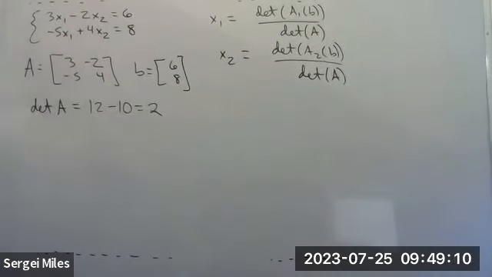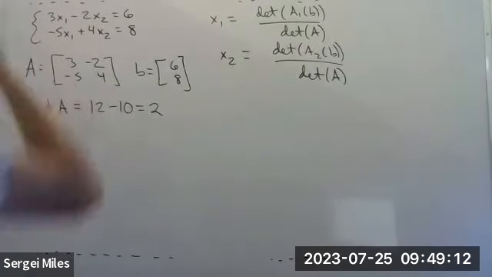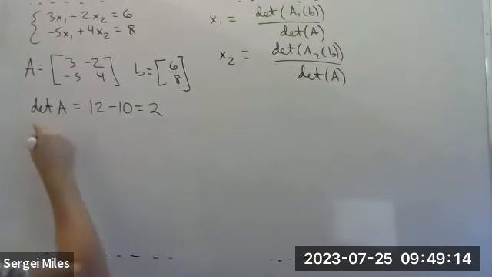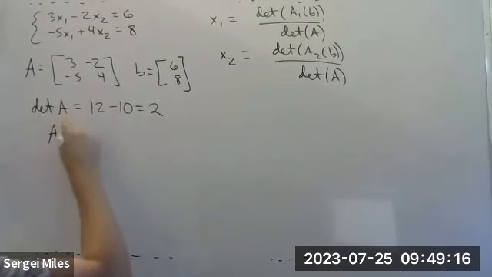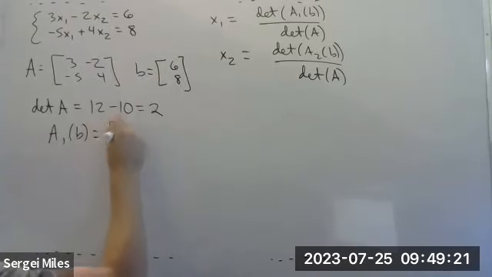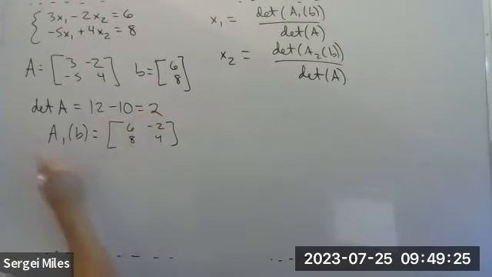All right. Now we're going to need A1 of B. That's just replacing the first column of A with the B column. So that's 6, 8, -2, 4.